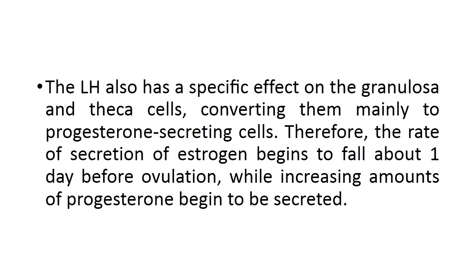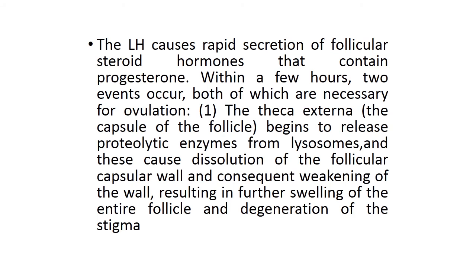Therefore, the rate of secretion of estrogen begins to fall once progesterone increases, about 1 day before ovulation, while increasing amounts of progesterone begin to be secreted. The luteinizing hormone causes rapid secretion of follicular steroid hormones that contain progesterone.